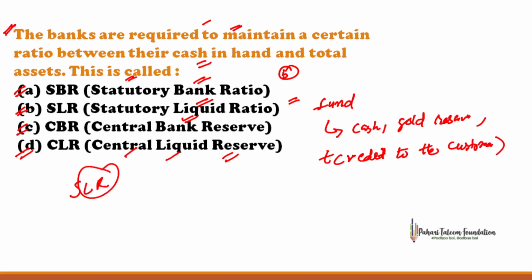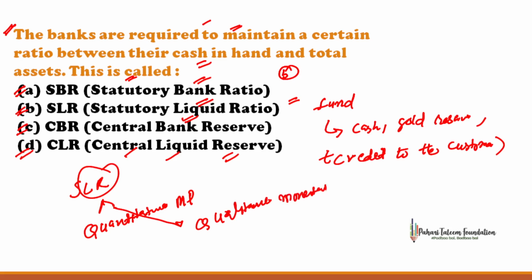The monetary policy instruments can be broadly divided into two parts: one is the quantitative monetary policy, and the second one is the qualitative monetary policy.